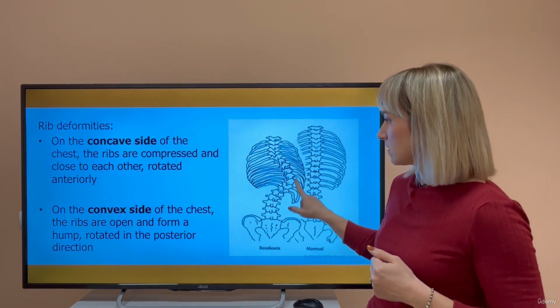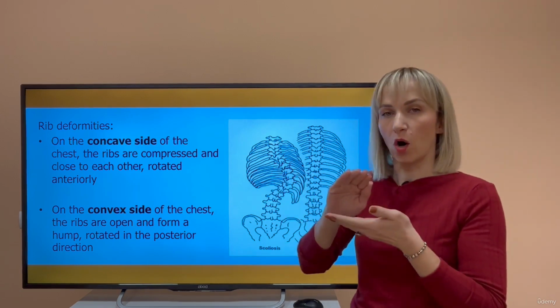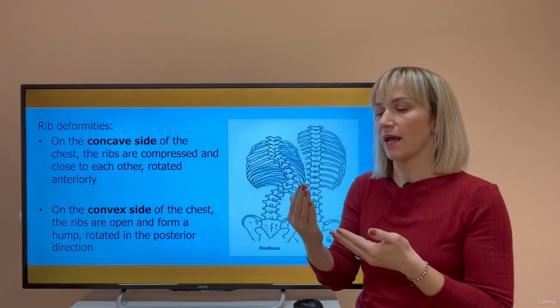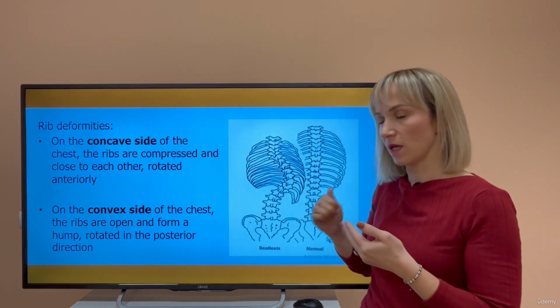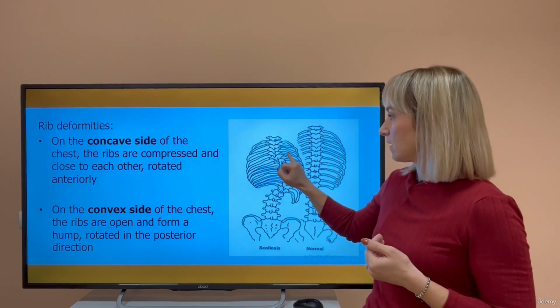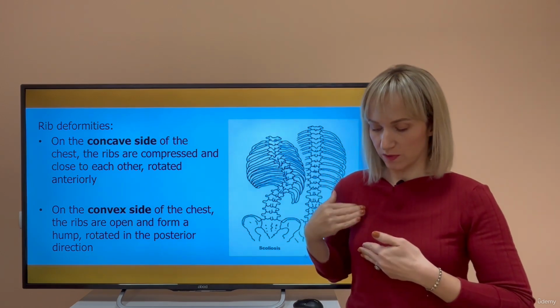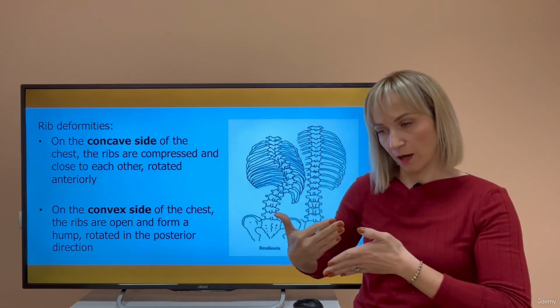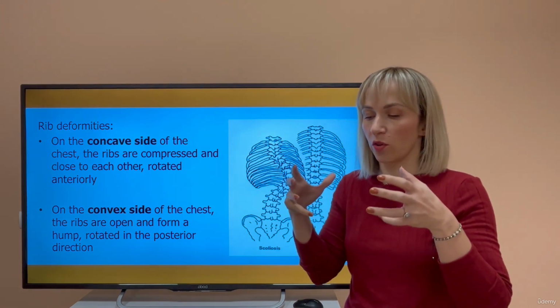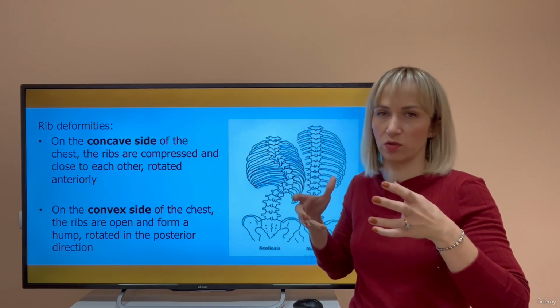In the convex side, the ribs in the back part are opened and they are pushed posteriorly. And here we can see the gibbus, as we said. And when we have the gibbus, in the anterior part, the ribs are compressed and they are pushed posteriorly. So the whole rib cage is completely derotated.